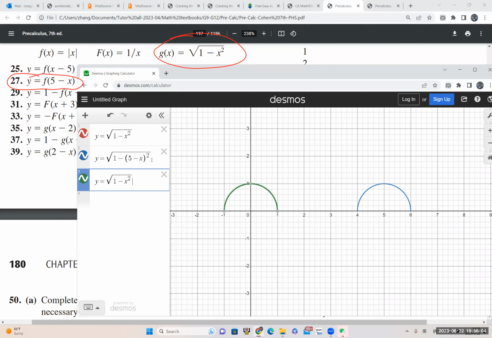So this is the initial parent function, all right? As we mentioned, what is the first step? Reflect about y. How? We just change x. But here we already say if you reflect about y, you still get this, right?